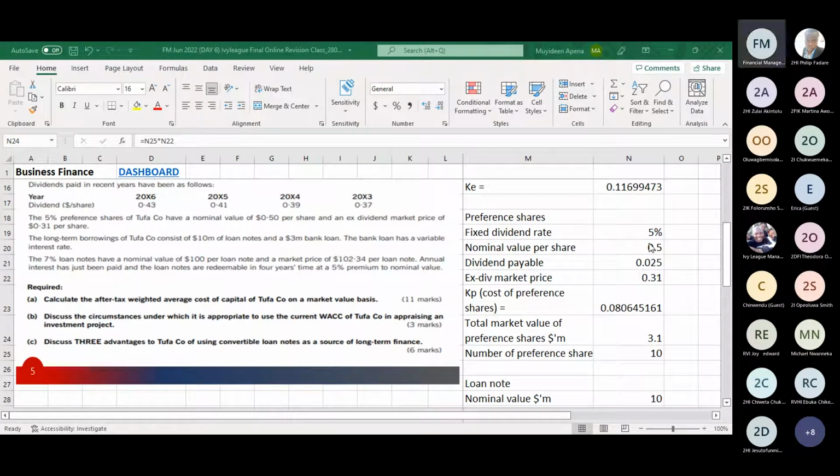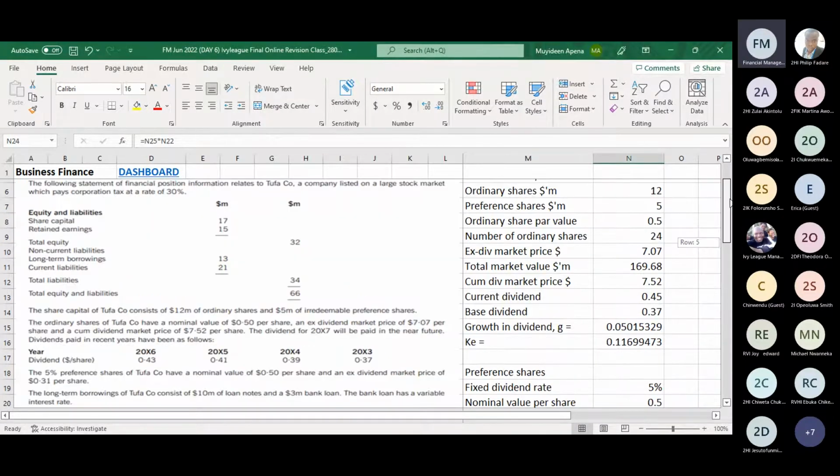Did you get that? Yes, sir. Can there be any question where the only one we can use will not be loan notes? In the category of long-term borrowings, what other instrument do you think you will be given if it's not loan notes? The only thing you can be given is preference shares.